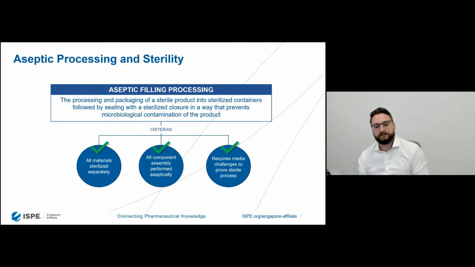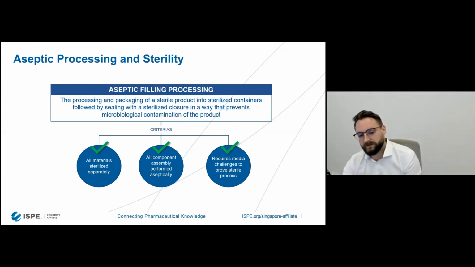Okay, so getting started, we'll define the aseptic filling process. At the most basic level, the aseptic filling process is defined as the process and packaging of a sterile product into sterilized containers, followed by sealing with a sterilized enclosure in a way that prevents microbial contamination.